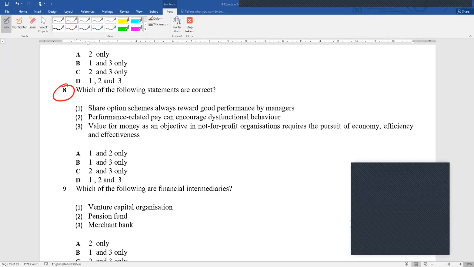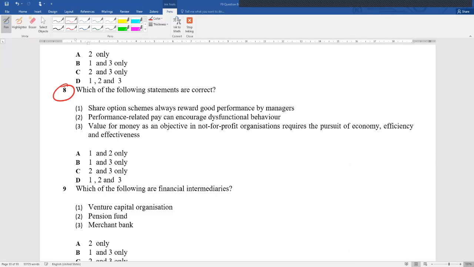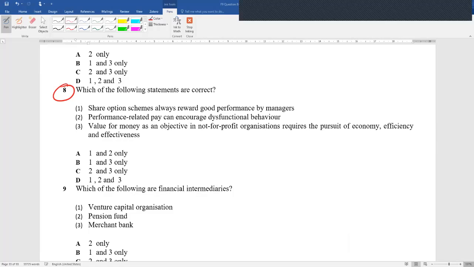Sanya. Yes, sir. What's the answer? I'm not sure, but I think D. Which of the following students are correct? So all of them are correct. You think so? I was kicked out of class for a while because of my internet, so I don't know if I missed something. Okay, don't worry. Let me just check someone else who was in class throughout.